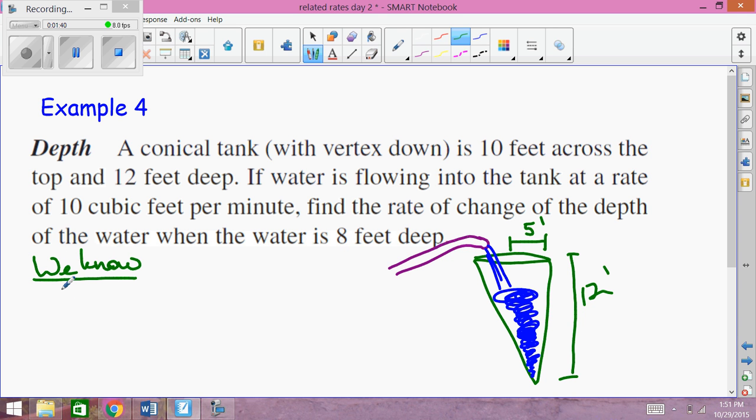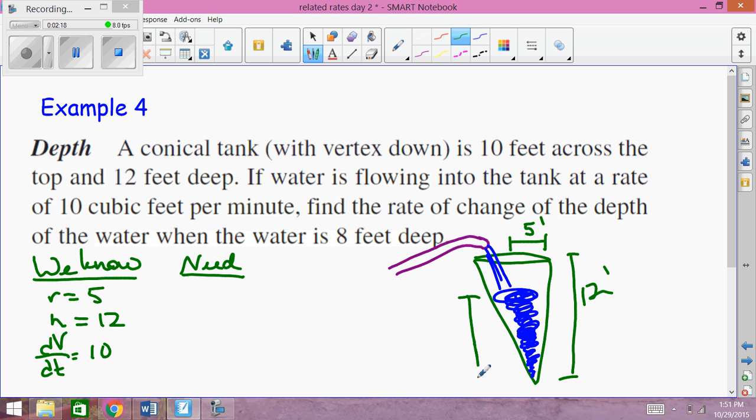We know that the radius is 5. We know that the height is 12. I know that dV/dt is 10. And what we need is to find the rate of change of the depth of the water.